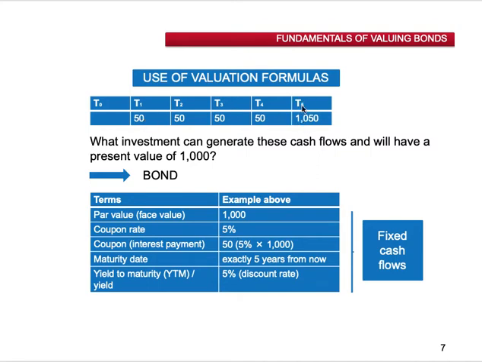Note that at T5 the face value is also going to be included in the repayment. So remember that each bond is going to pay back its face value at the end of the maturity. And since the maturity is exactly 5 years from now, the owner of the bond will receive 1,000 euros at T5. In the next slide, I'm going to show you how to calculate the present value of these sets of cash flows.